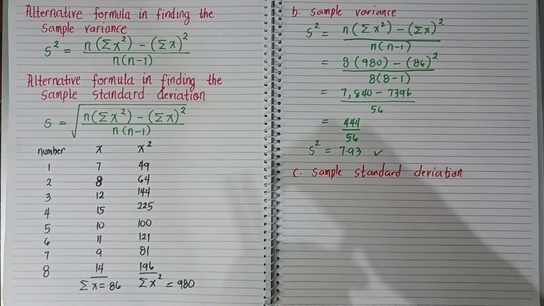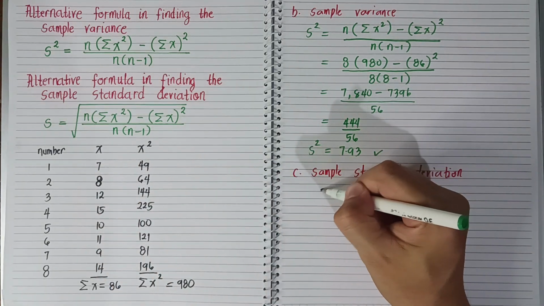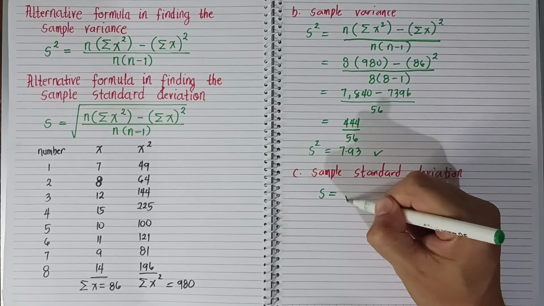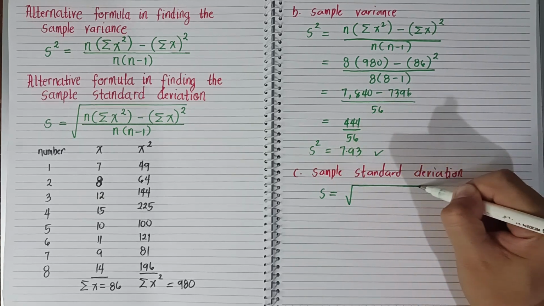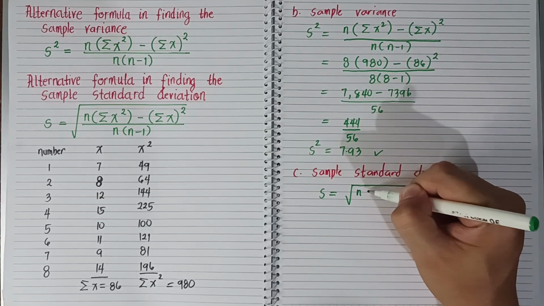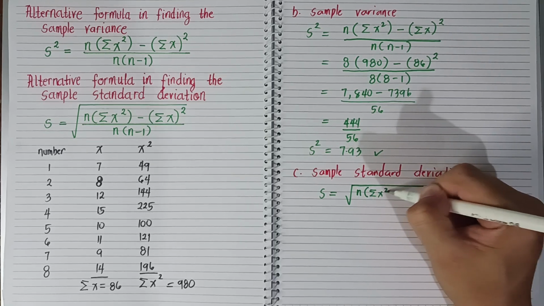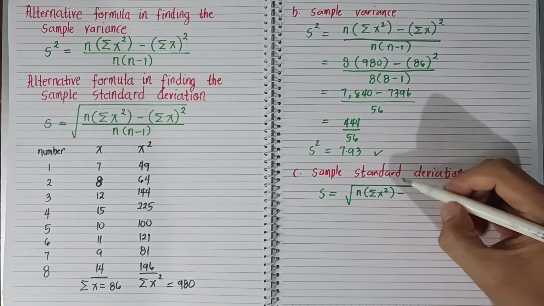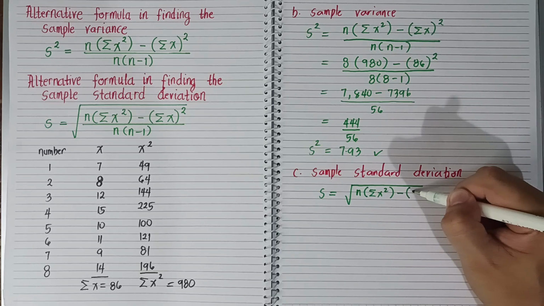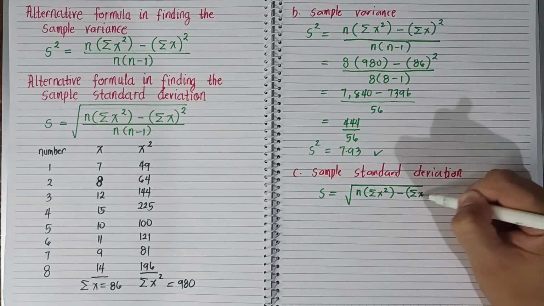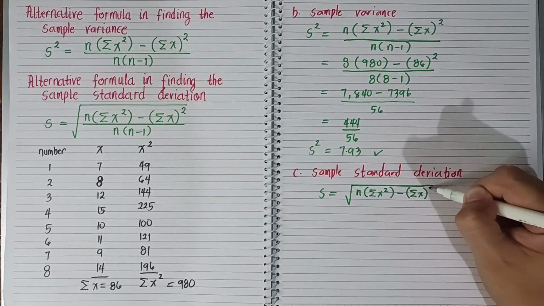So guys, nasusundan ba ako? So dito, we have the formula. Ito yun guys. S is equal to square root of. Ayan. So n times the quantity of summation of x squared close minus quantity summation of x close squared.